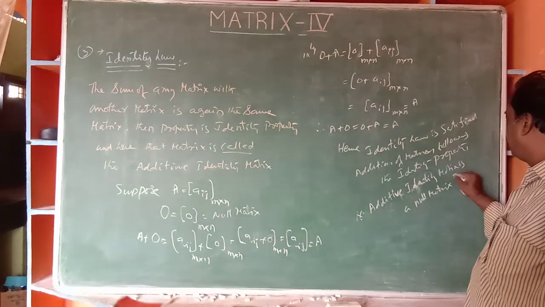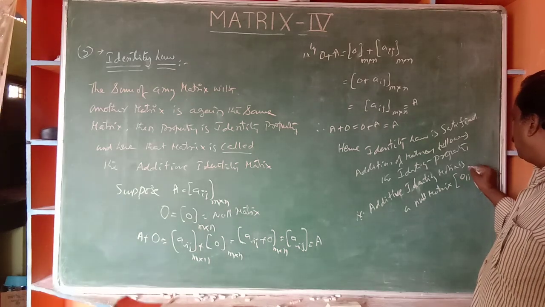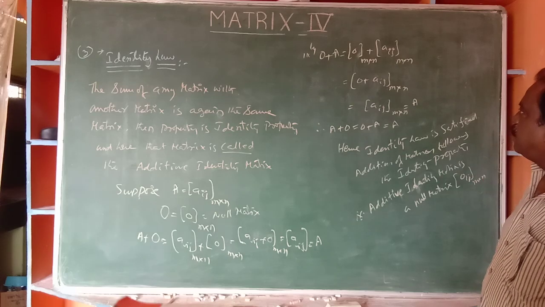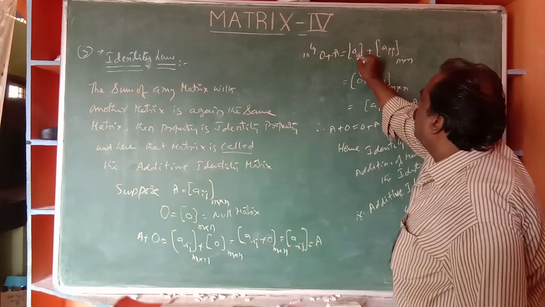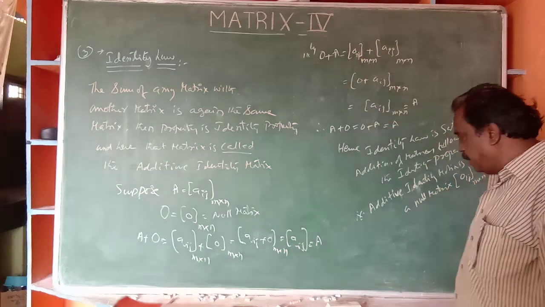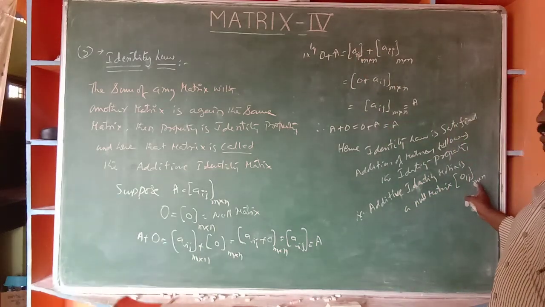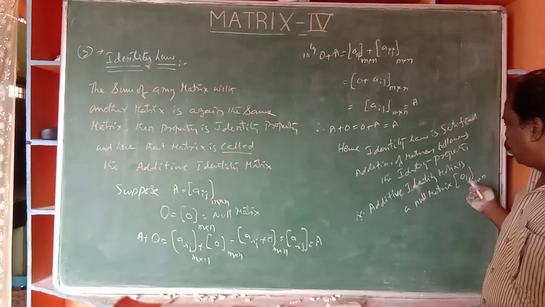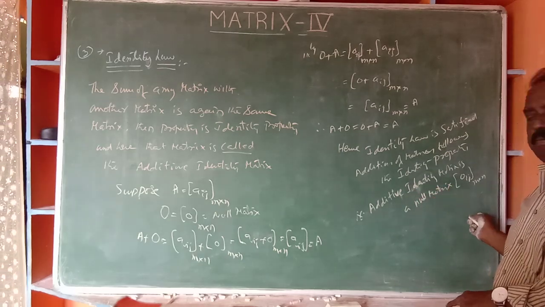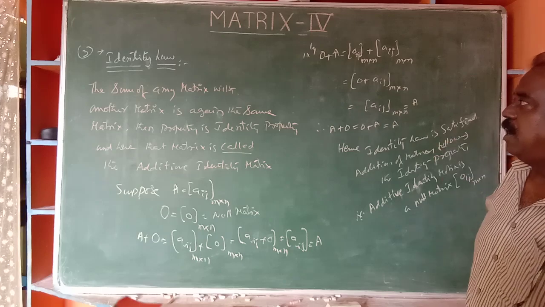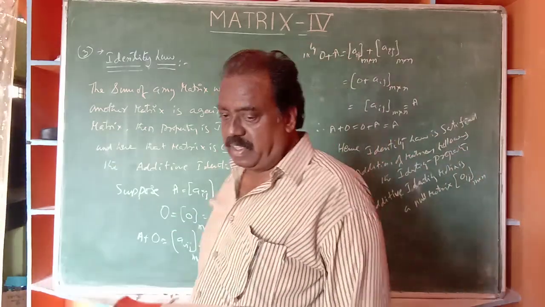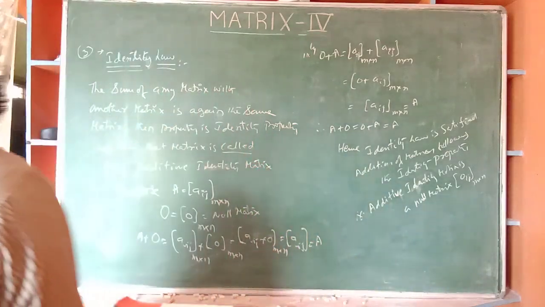Null matrix, that is 0ij. You write ij also. Here also you write ij. It is based on the M by N of the given matrix. If the given matrix is 2 by 3, it is also 2 by 3. 3 by 4, it is also 3 by 4. Like that, the identity property can be explained.